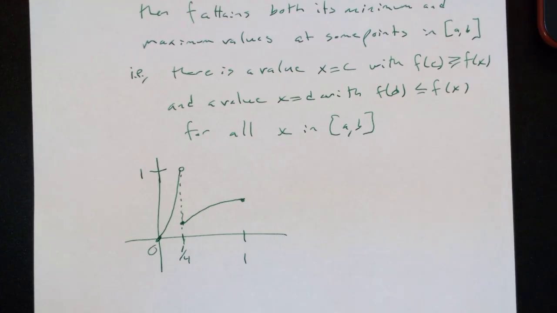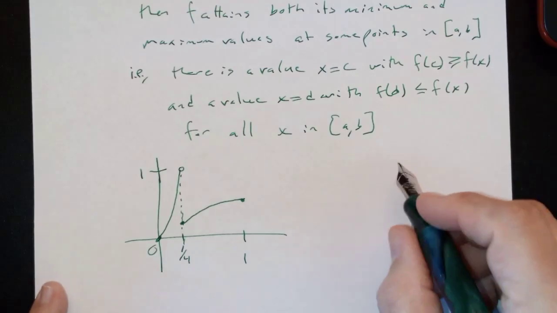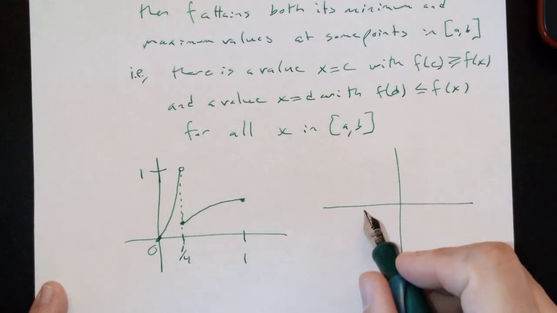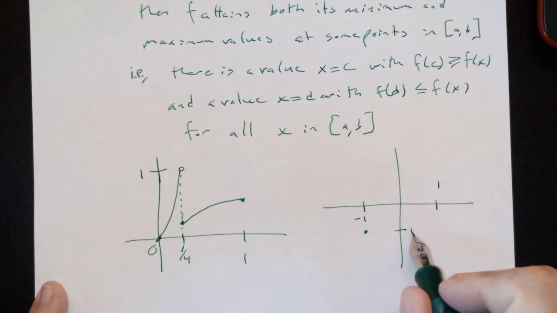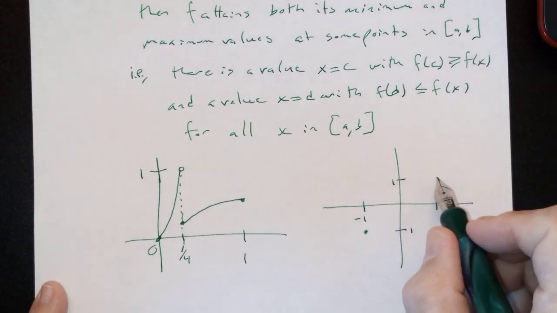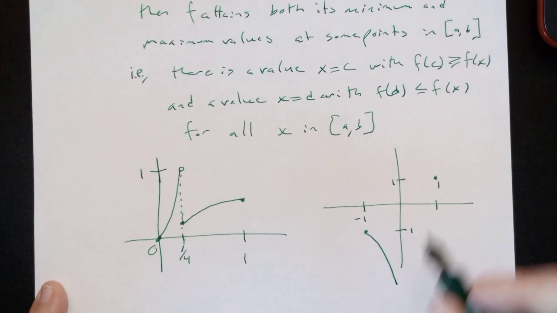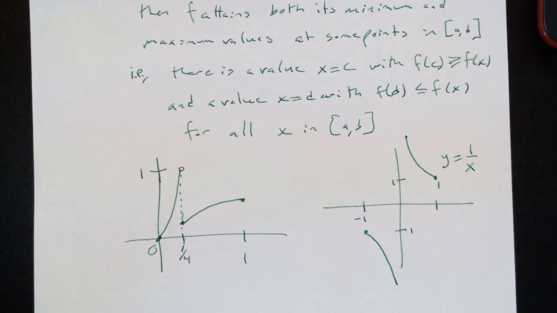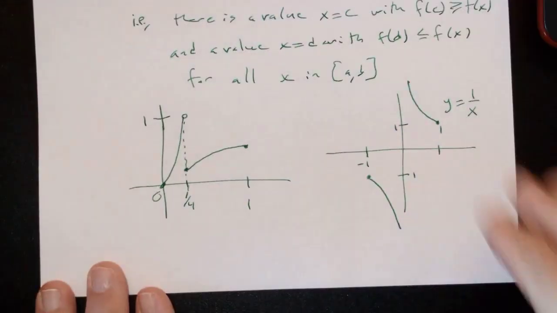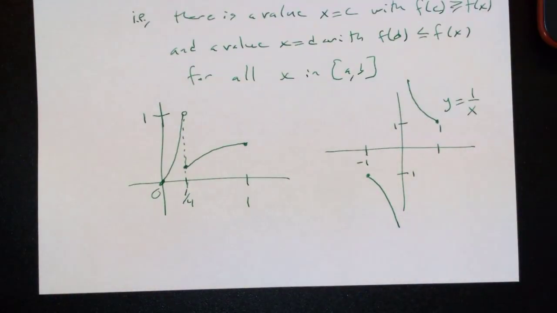Are you ready for me to make it worse? Here's the graph of y equals 1 over x. But there's an asymptote there. And that means that as you get closer and closer to 0 from the left, you go down forever.